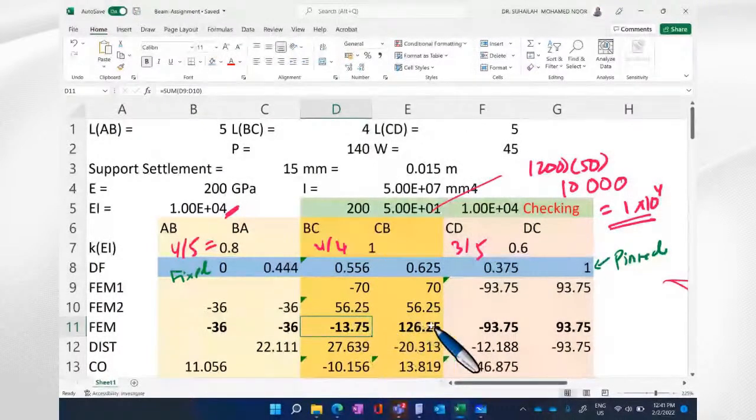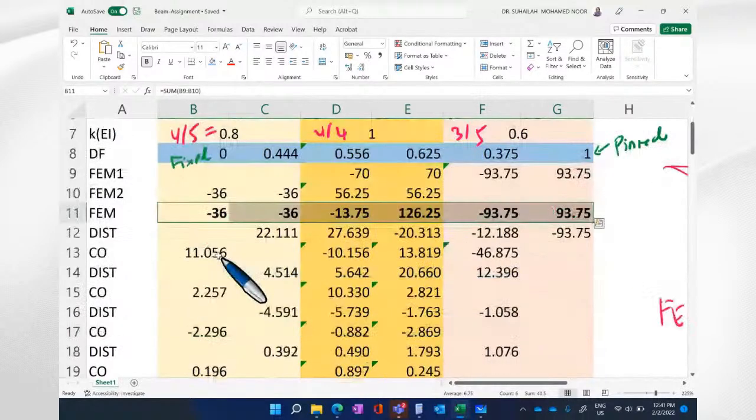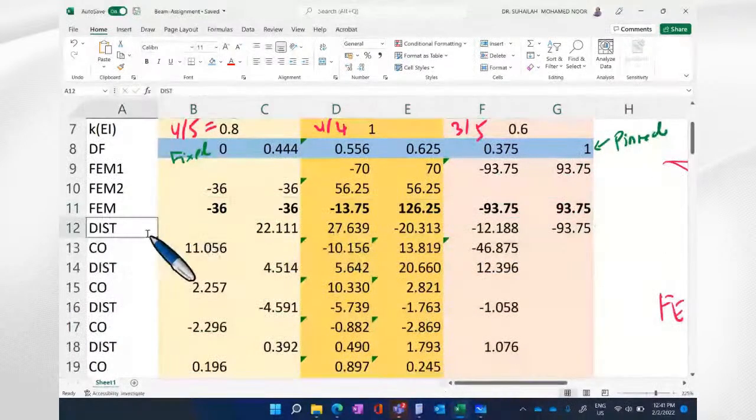For CB we have 126.25, and for CD we have negative 33.75, and DC we have positive 93.75. Then only we can start the first cycle in the table, which is distribution number 1.